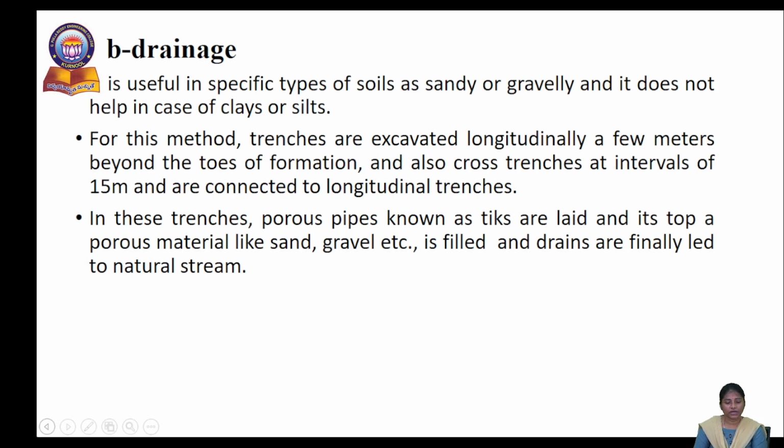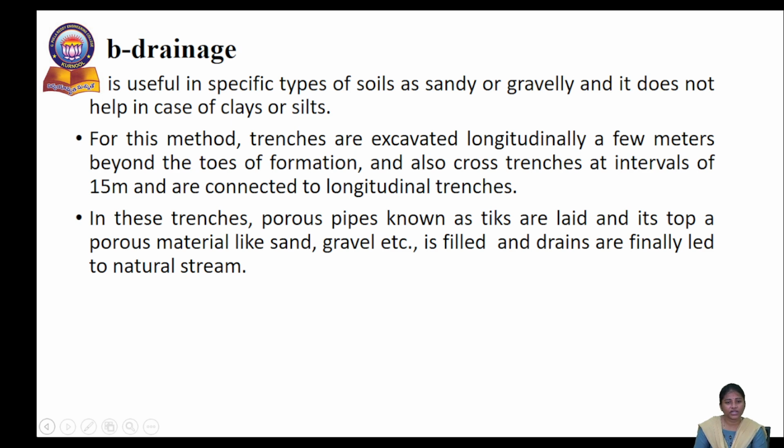The next method to improve the soil subgrade is subdrainage. It is useful in specific types of soils such as sandy and gravelly, and it does not help in the case of clayey or silty soils. For this method, trenches are excavated longitudinally a few meters beyond the toes of the formation, and also cross trenches at intervals of 15 meters, connected to the longitudinal trenches.